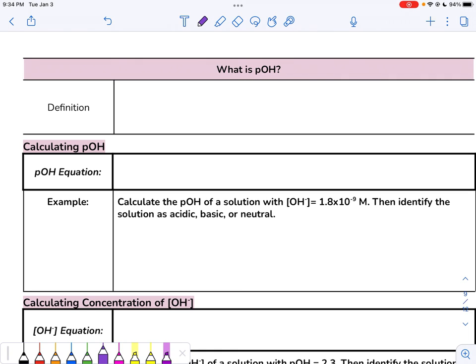Okay, so now for this section right here, we're going to talk about pOH. So pH, we said, was about the power of hydrogen. It measures the acidity of your solution in terms of the concentration of hydrogen or hydronium ions. So what is pOH? pOH is the measure of alkalinity.